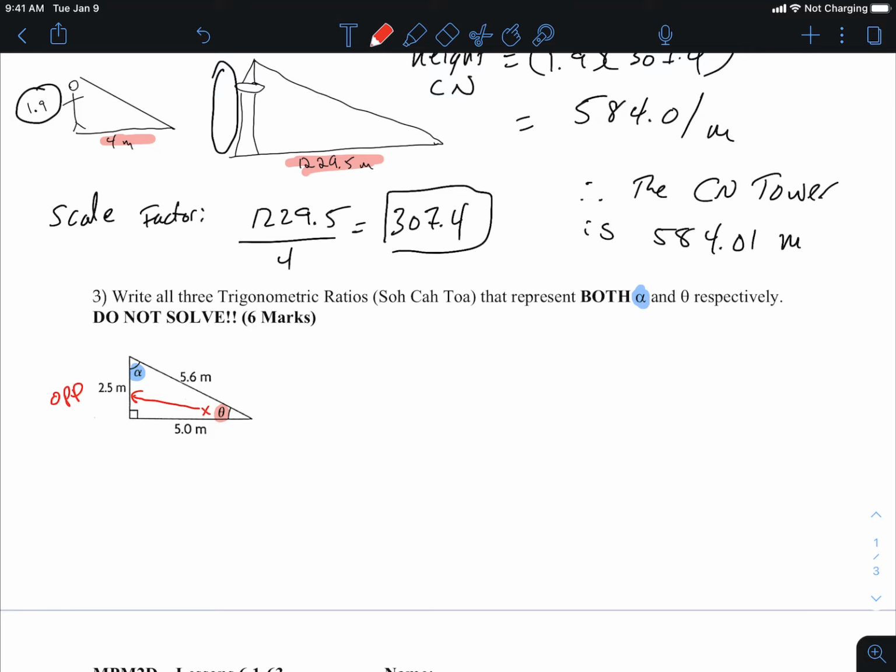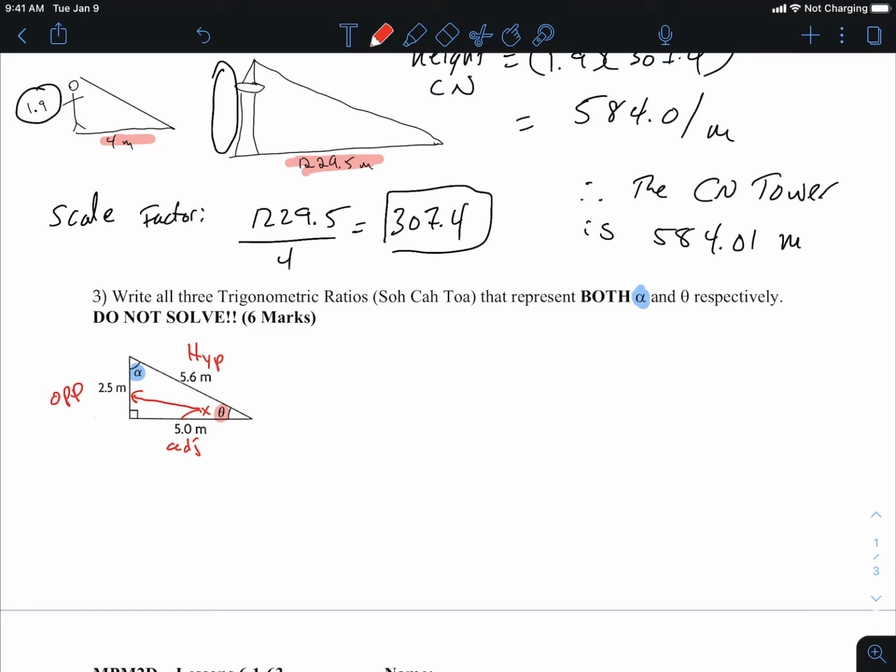You've just labeled the triangle wrong. That's an easy fix. If I'm standing there, then the 5, the side beside me, must be adjacent. And the hypotenuse is always the longest one. Then I'm going to write all the trig ratios for each of those.